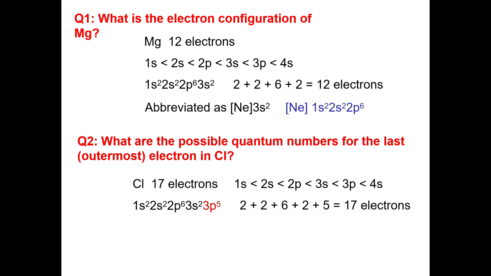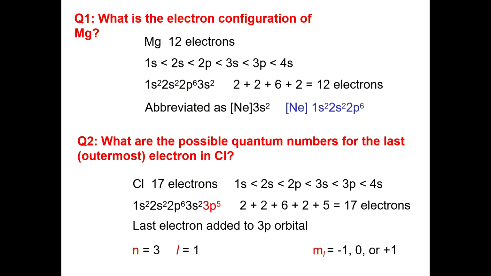Let's have a second look. The last electron is added to 3p orbitals, right? So n equals 3. The quantum number l must be 1. ml can be this, or this, or this, so 3 orbitals. And ms can be this.